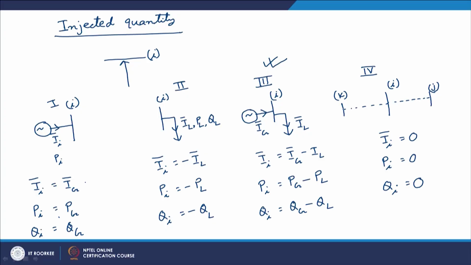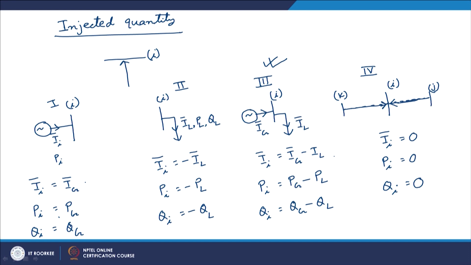Sometimes students get confused: if there is a line connected between bus K and I and bus J and I, and power is coming from bus K and from bus J to bus I, some students think that these are the injected quantities at bus I. This is absolutely not correct.